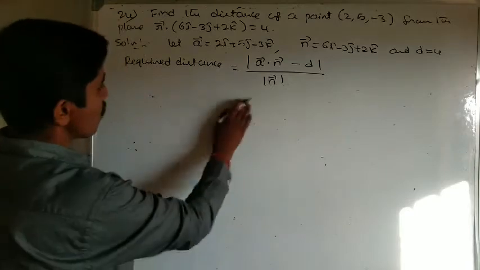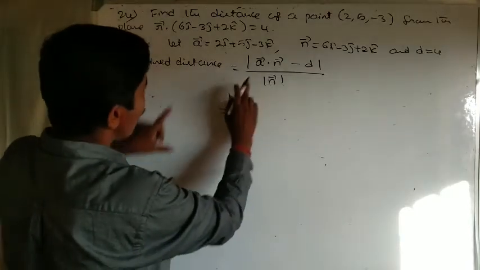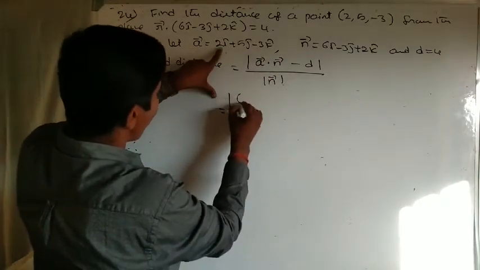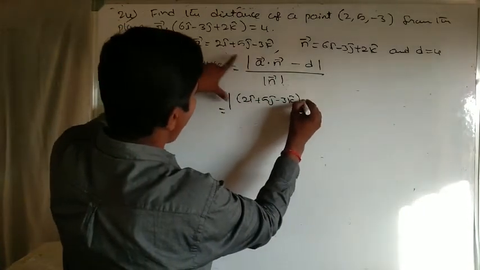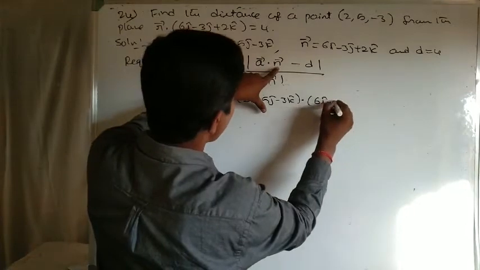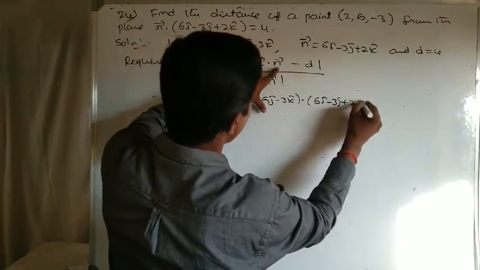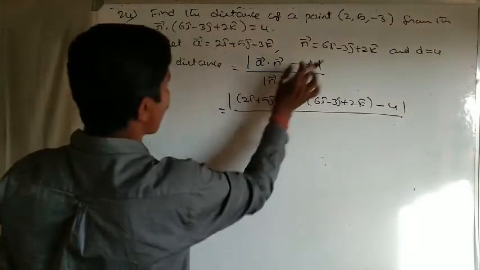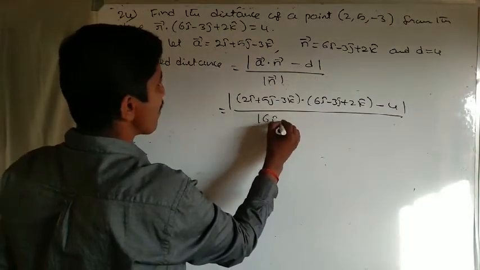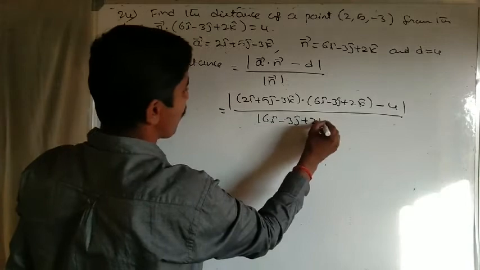Here I am substituting directly. Magnitude of vector A dot vector n, where vector A is 2i plus 5j minus 3k and vector n is 6i minus 3j plus 2k, minus d, which is 4, divided by magnitude of vector n, the magnitude of 6i minus 3j plus 2k.